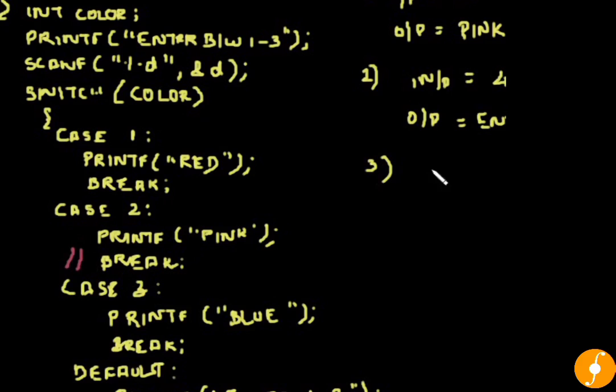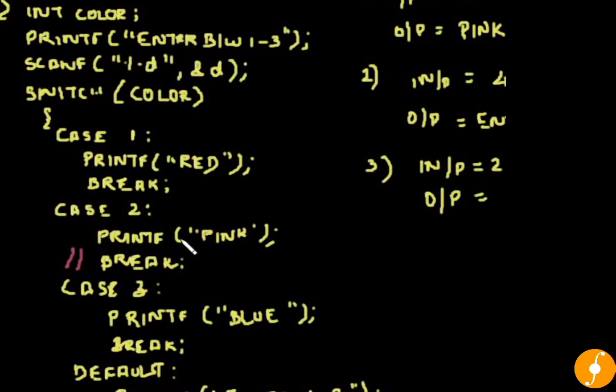The input given is 2, so the control passes. This case doesn't match, so it goes here. The case matches the value 2 and the color also holds the value 2, so the statements get executed. So the output will be pink, right? First printf statement is pink.